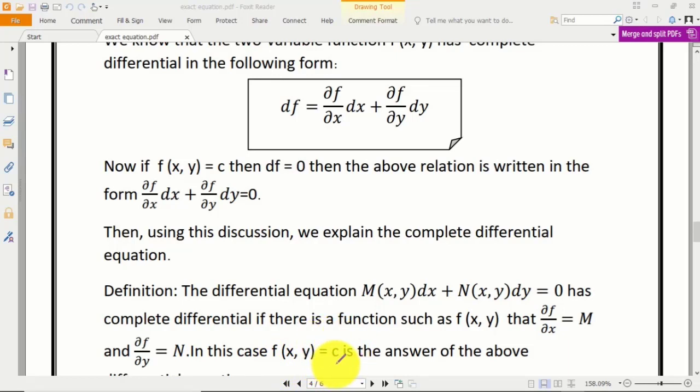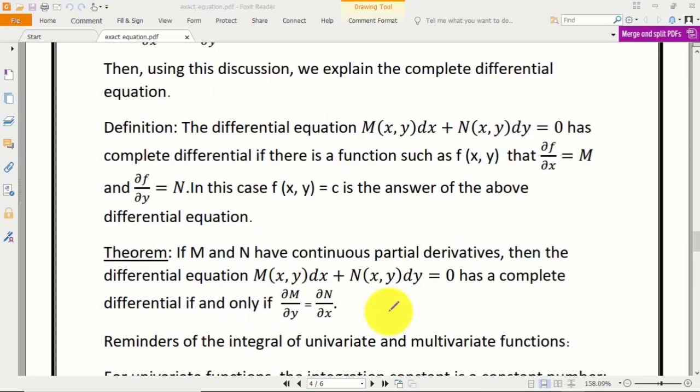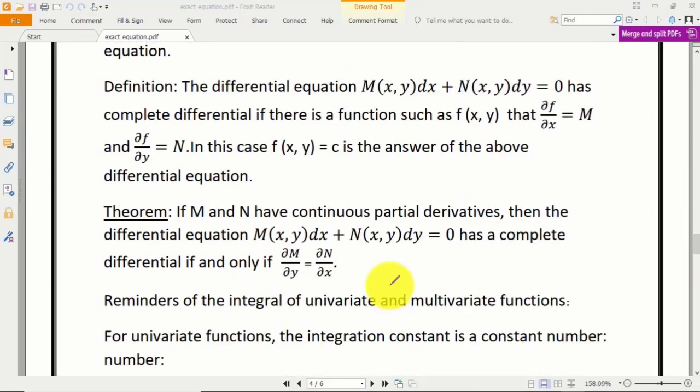But the point is how to realize that the differential equation is an exact equation. If we can prove that a differential equation written like this is an exact equation, we can take the derivative of the coefficient M with respect to y, and also evaluate the N coefficient with respect to x.